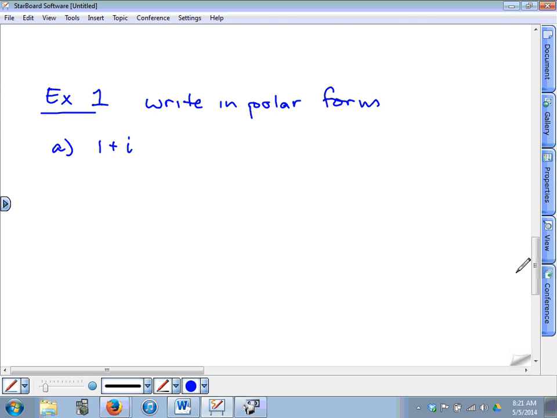So what two things do we need to know in order to write this in polar form? We need to know r and theta. It's exactly like converting between rectangular form and polar form.